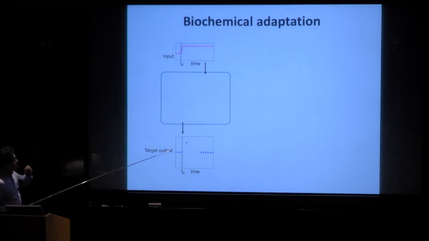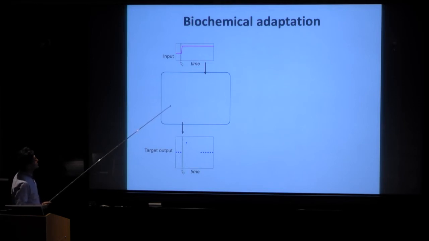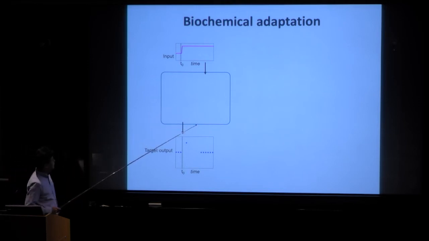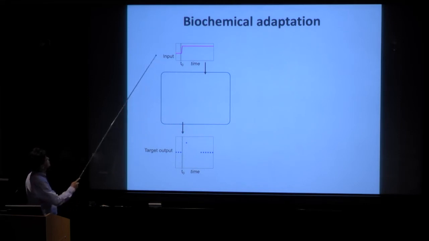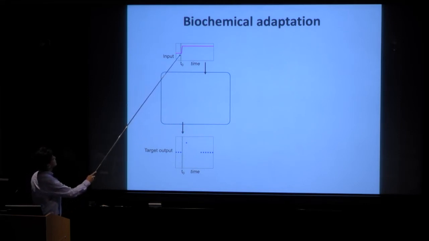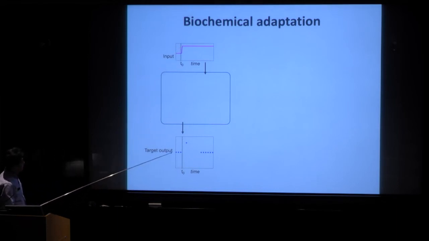So first, let's do a very simple example, adaptation. So adaptation is a very ubiquitous function in biology. Basically, you have input, and if the input suddenly changes, and this is output, your output should respond, okay?